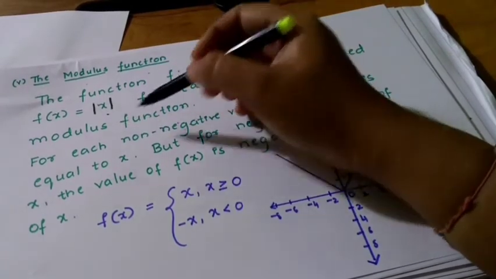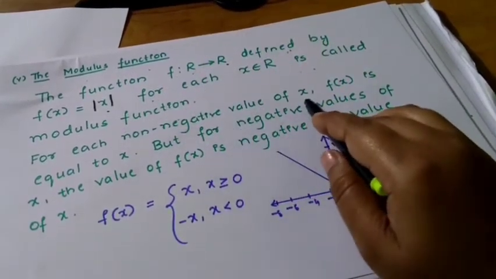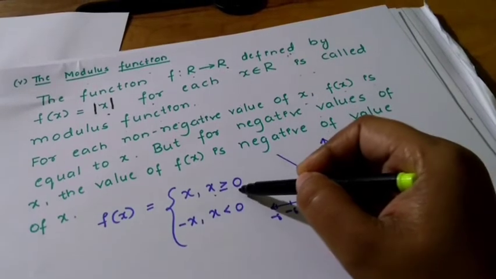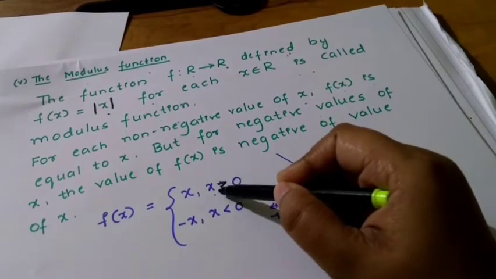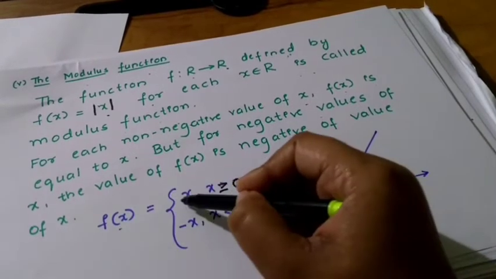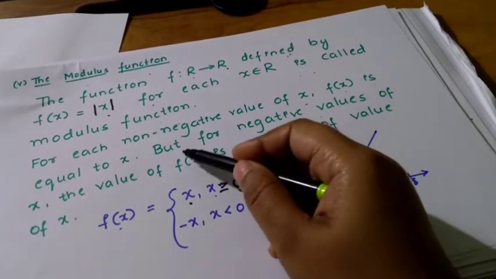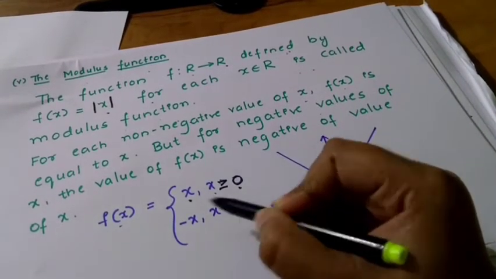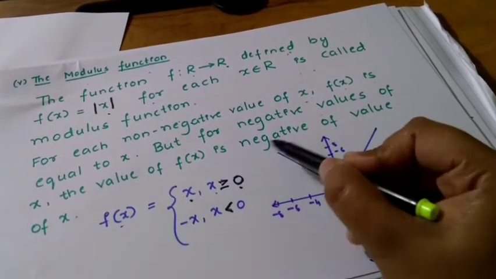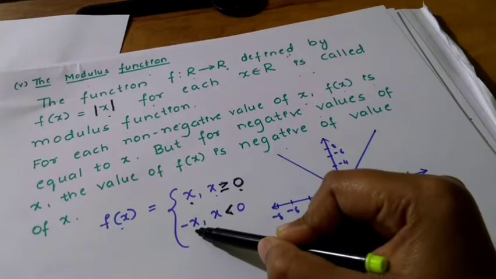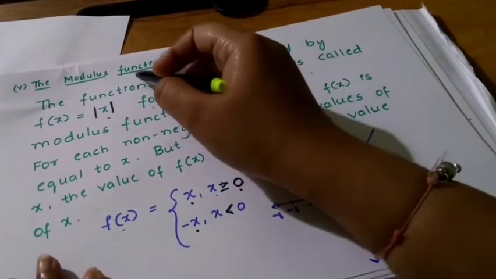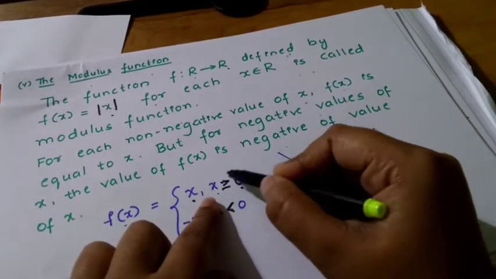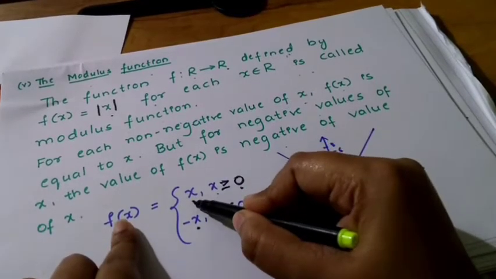Okay, modulus function ಅಂದ್ರ for each non-negative value of x, f of x is equal to x. ಅಂದ್ರ ಈಗ ನಾನ್ ನೆಗೆಟಿವ್ ಅಂದ್ರ ಪಾಸಿಟಿವ್ ವ್ಯಾಲ್ಯೂಸ್, x ವ್ಯಾಲ್ಯೂಸ್ ಎಲ್ಲಾನು greater than or equal to 0 ಇದ್ದಾಗ f of x ವ್ಯಾಲ್ಯೂ ಏನಾಗಿರ್ತದ? x ಆಗ್ತದ. For negative values of x, x less than 0 ಇದ್ದಾಗ f of x ವ್ಯಾಲ್ಯೂ ಏನಾಗಿರ್ತದ ಹೇಳ? ನೆಗೆಟಿವ್ ಆಫ್ ದ ವ್ಯಾಲ್ಯೂ ಆಫ್ x ಅಂದ್ರ minus x ಆಗ್ತದ. So for every non-negative, for all positive values of x, f of x value will be equal to x.